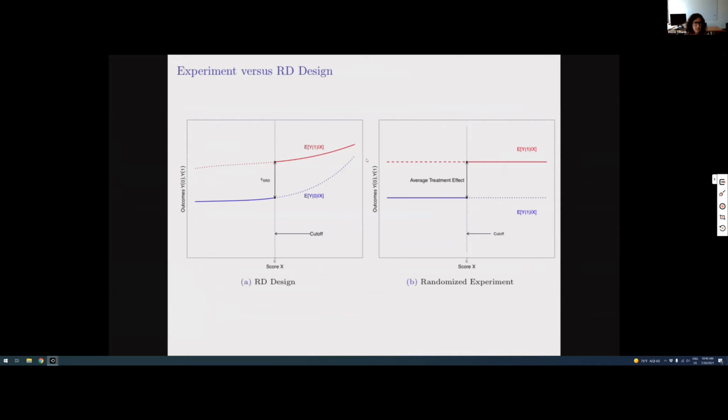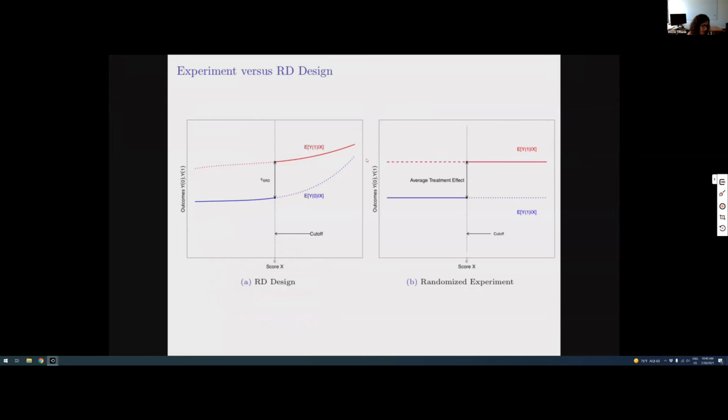If you think about the typical RD plot, this is the RD plot that I introduced before, with the regression functions as a function of the score. If this is poverty and this is child mortality, the potential outcomes are going to have a relationship, there's going to be a slope.